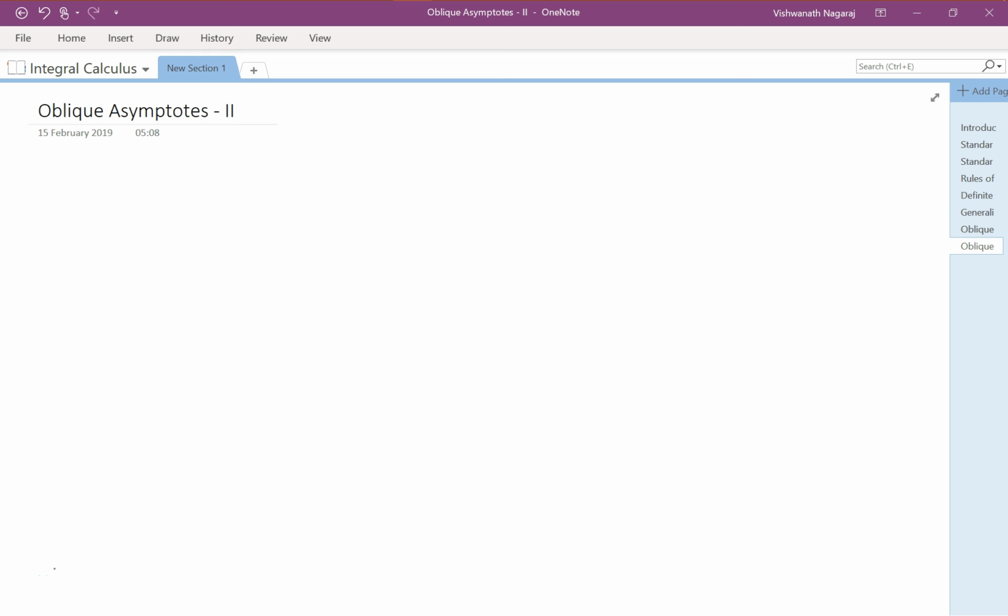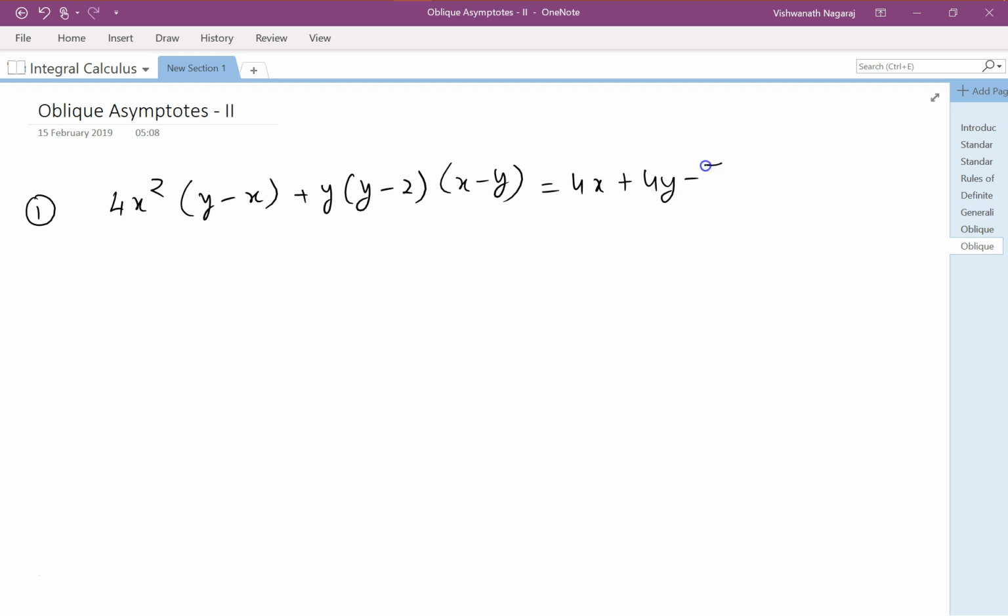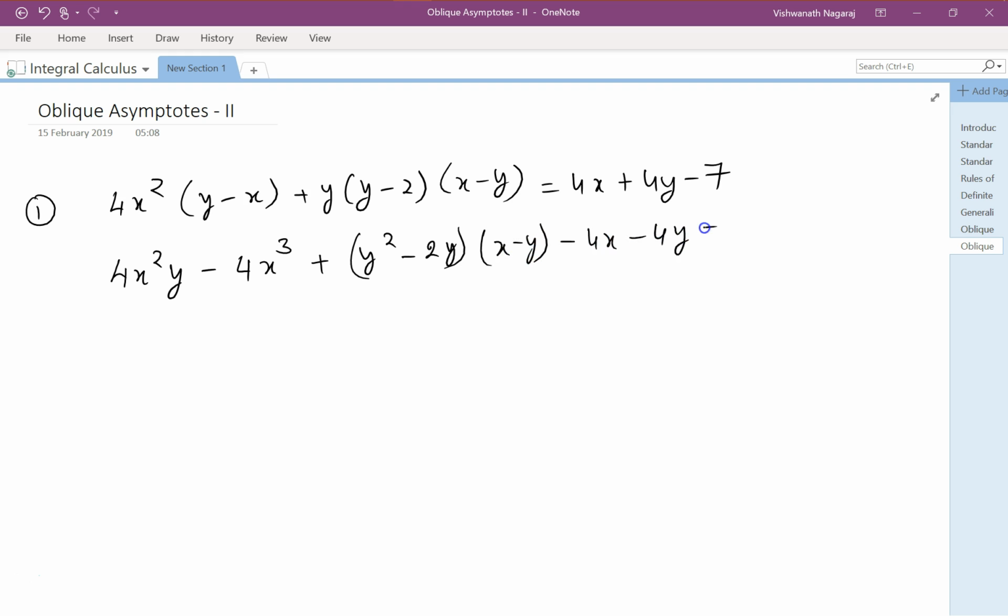Okay, let's solve some more problems. 4x²y − (x + y)(y − 2x − y) = 4x + 4y − 7. Let's simplify this. 4x²y − 4x³ + y² − 2y x − y − 4x − 4y + 7 = 0.